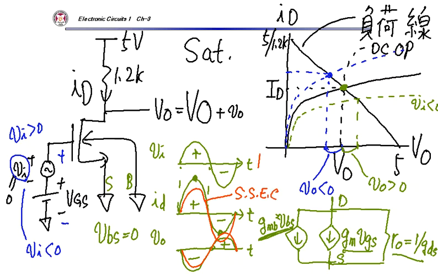Yeah, this is a small signal equivalent circuit. A small signal equivalent circuit is always linear.